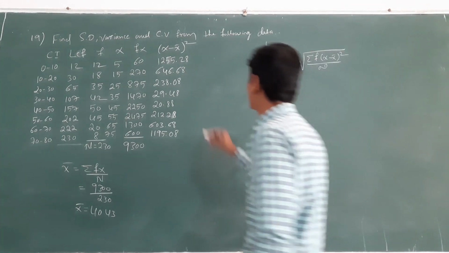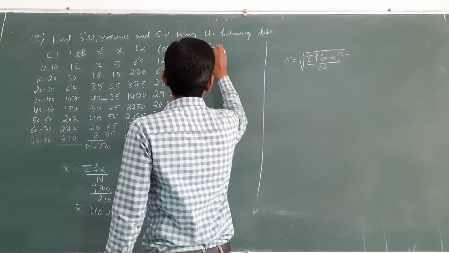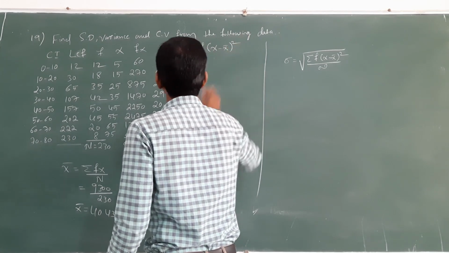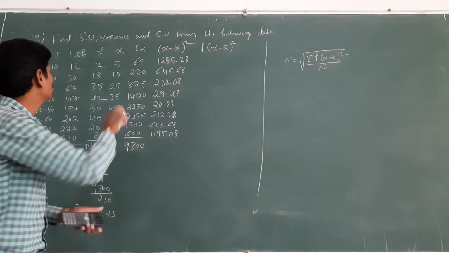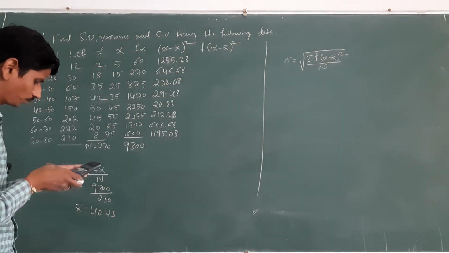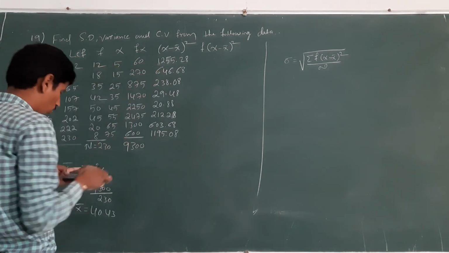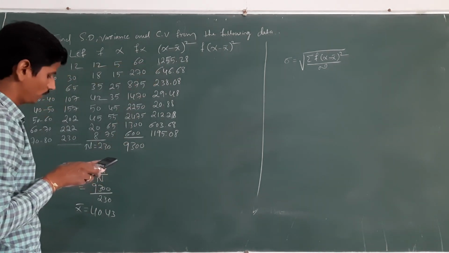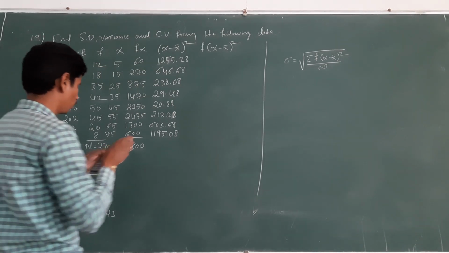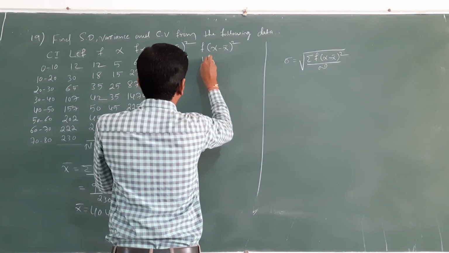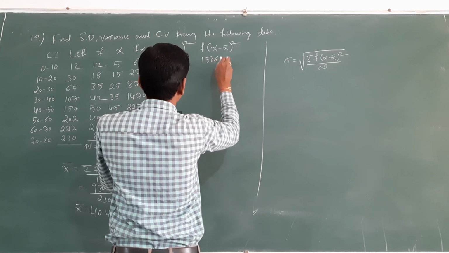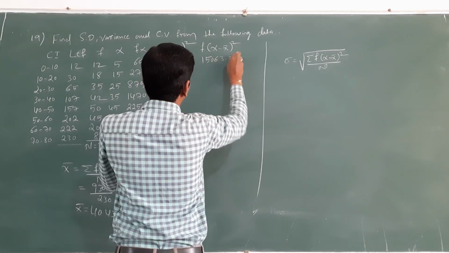Okay, next we want the frequency into x minus x bar at whole square. Here the frequency is 12 into 1255.28. Then we will get 15063.36.